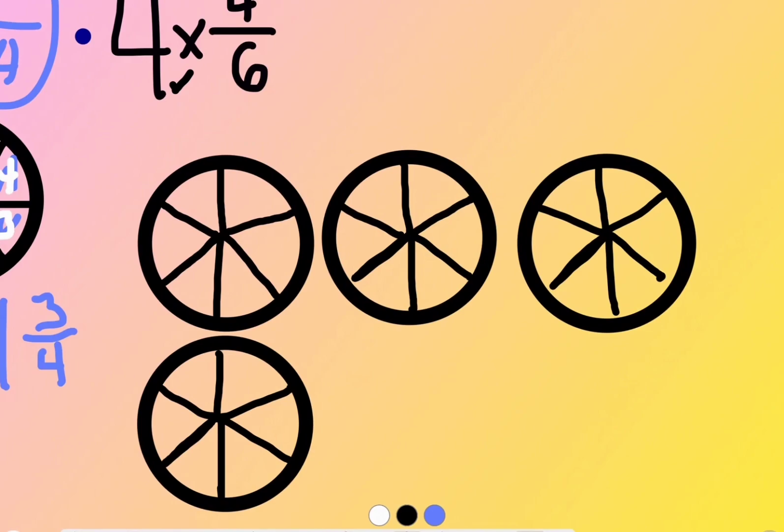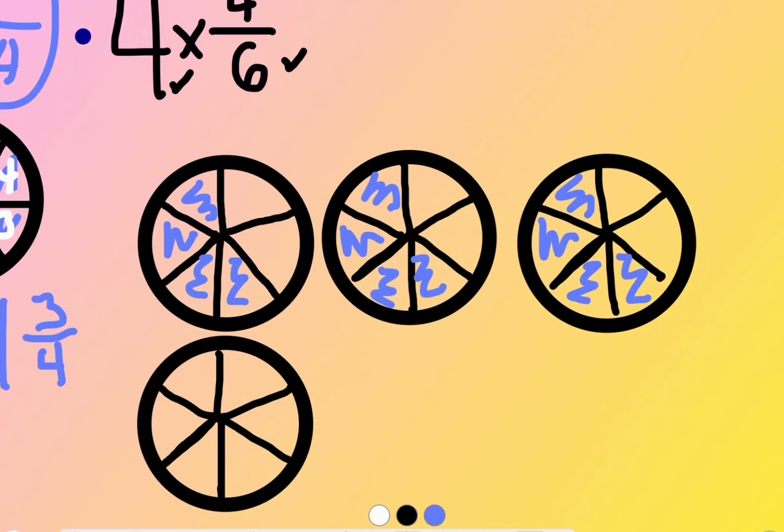I have 4 wholes. Yes, I broke them into the 6s. Yes, and I need to shade 4 in each. 1, 2, 3, 4, for each one. So I've technically drawn a visual for 4 groups of 4/6.